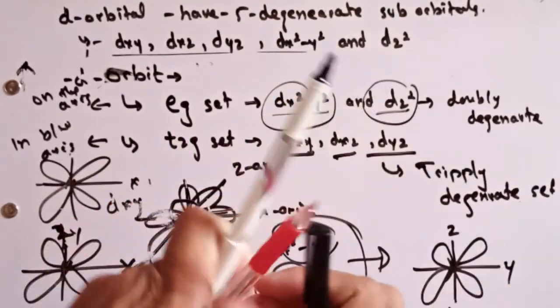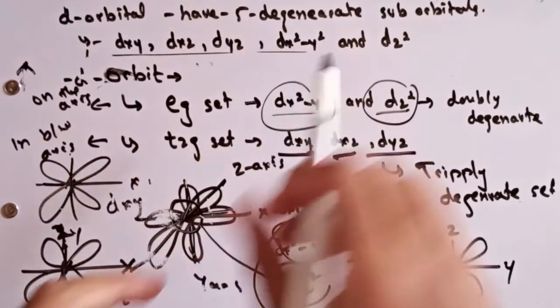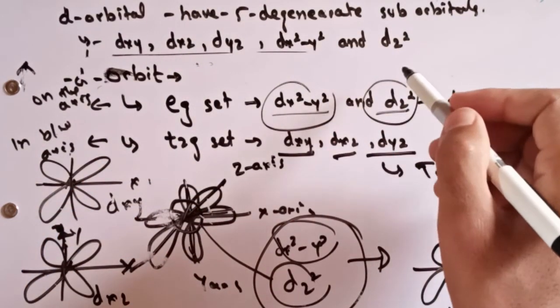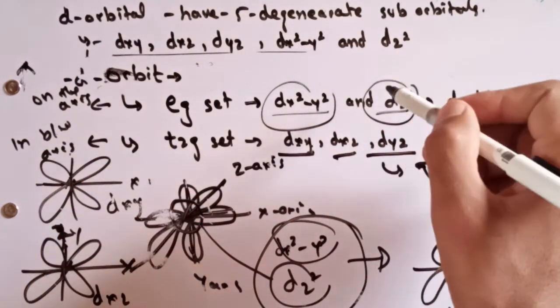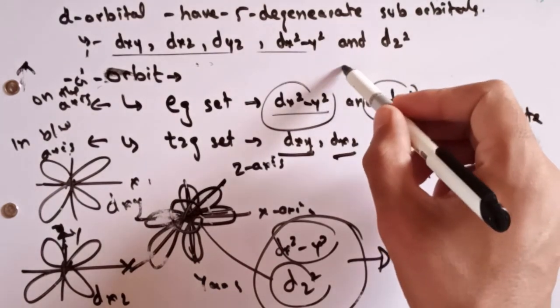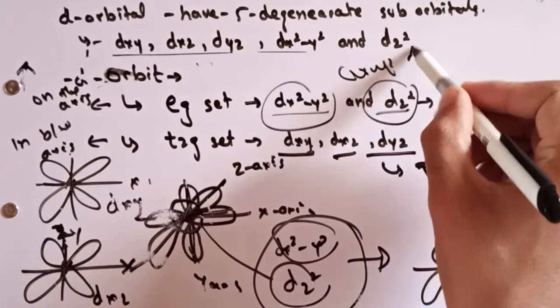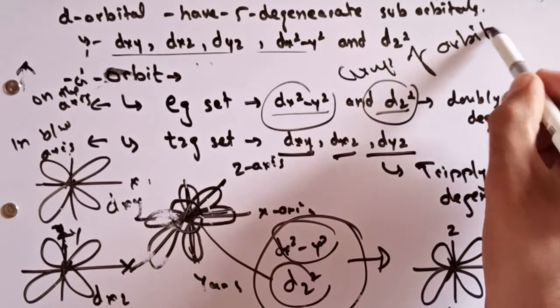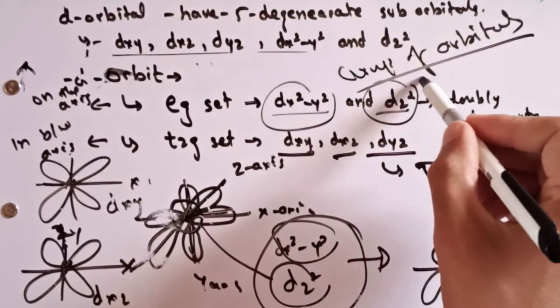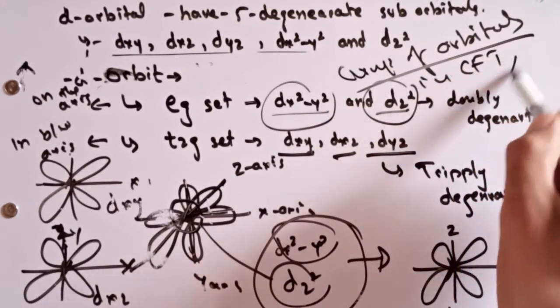I hope you completely understand my points. These are all the grouping of orbitals, how orbital grouping occurs in CFT, crystal field theory.